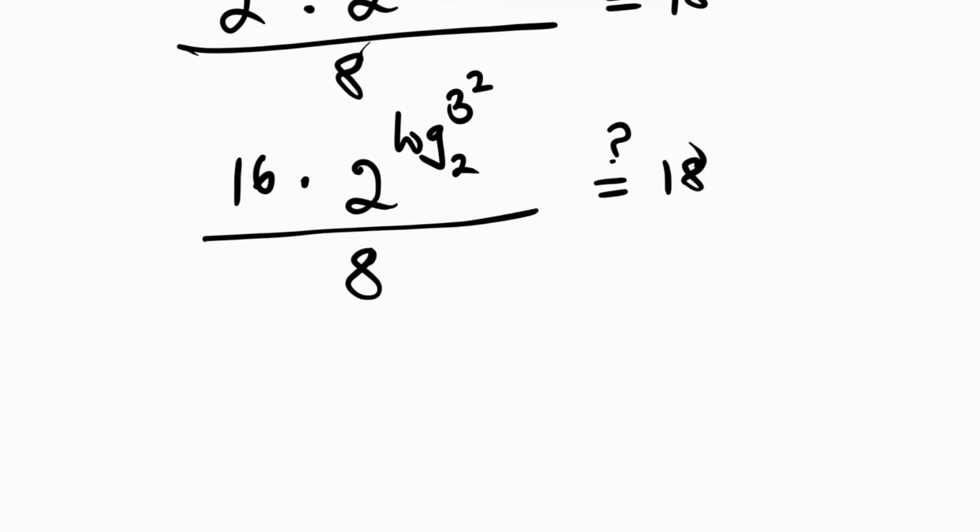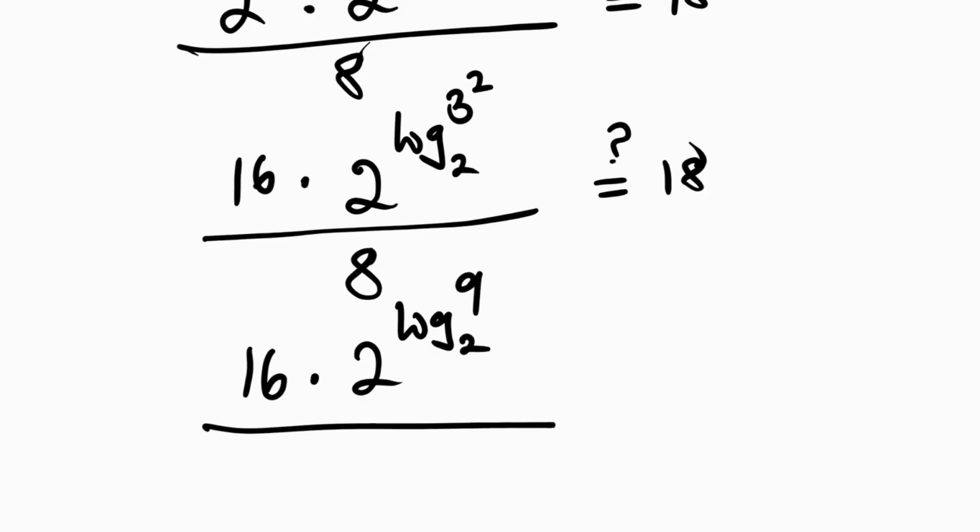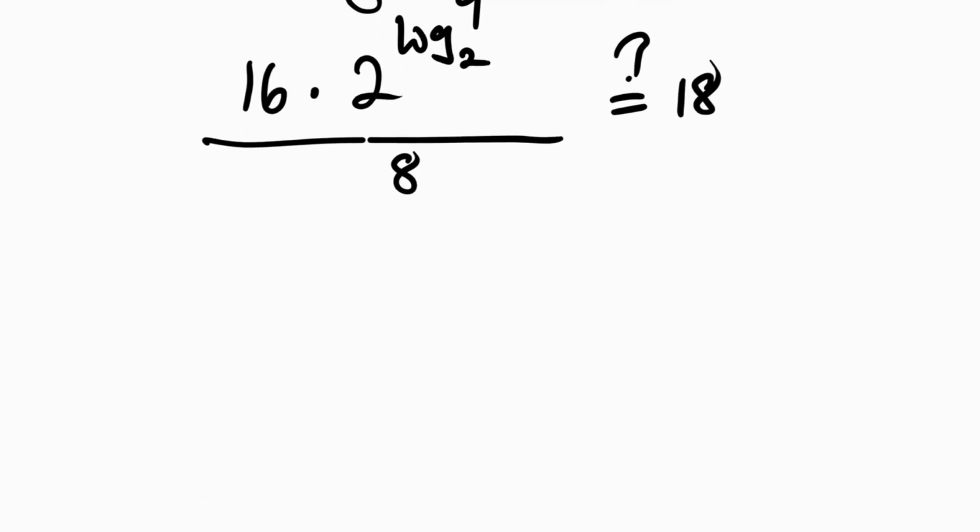equals 18. So this is 16 times 2 raised to the power log of 3 squared, which is 9, base 2, over 8 equals 18. Now we know that a raised to the power log of b base a is equal to b.